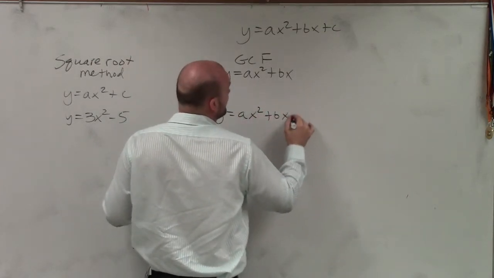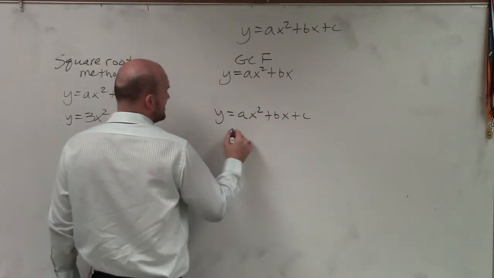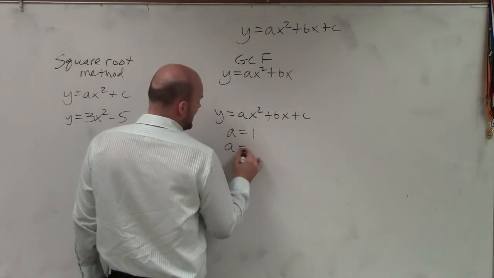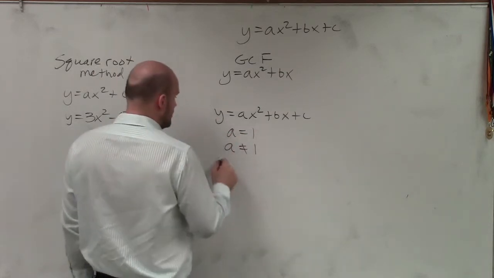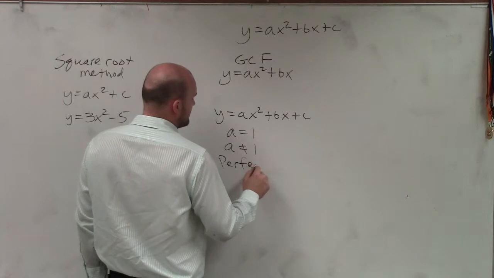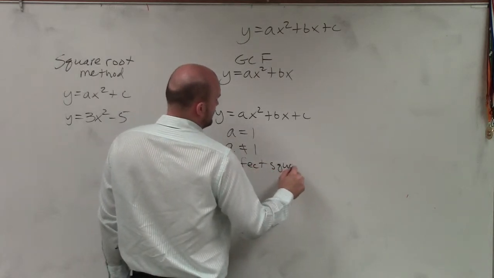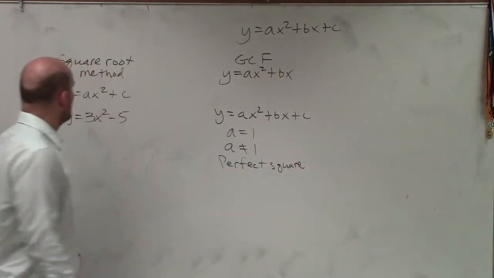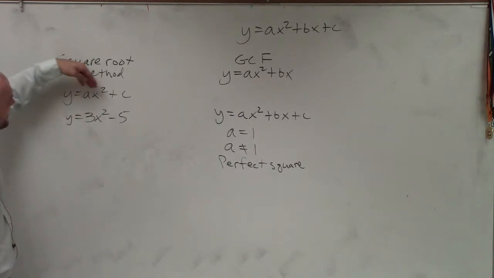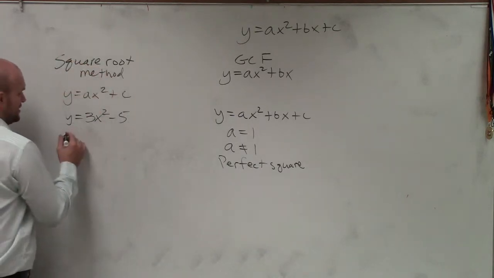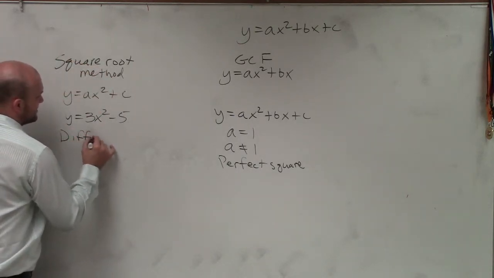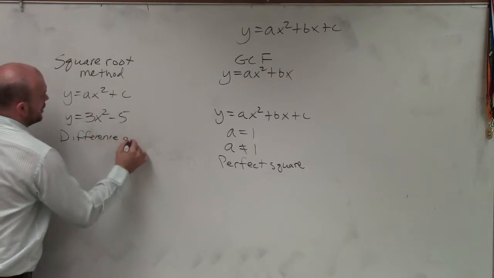we have our factoring techniques, which would be when a is equal to 1, when a is not equal to 1, and we have the perfect square. Oh, I guess I should have gone with this: the square root method, ax squared plus c. Also, the other one that we can include is the difference of two squares.